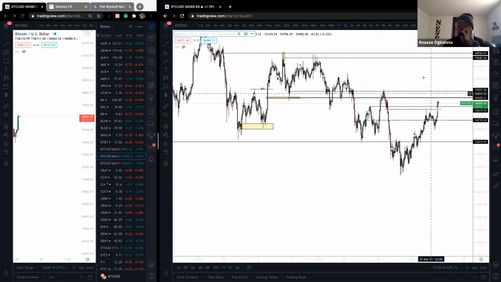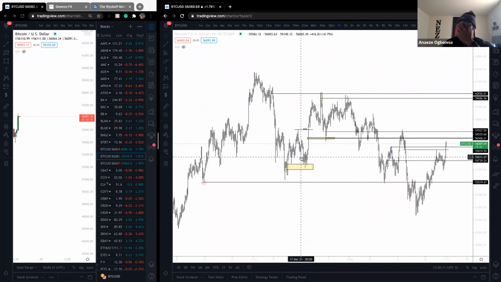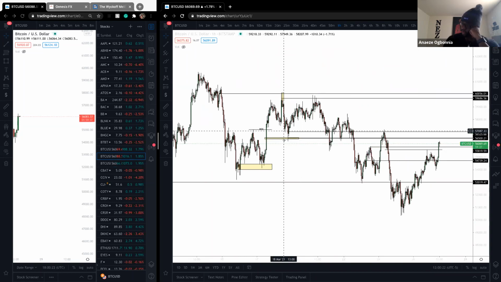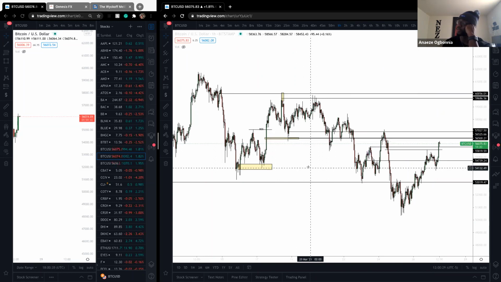So what I initially had for Bitcoin was that I saw this first break of structure outside. It efficiency hit. We had a little selling point right down there, and then price eventually came down here.